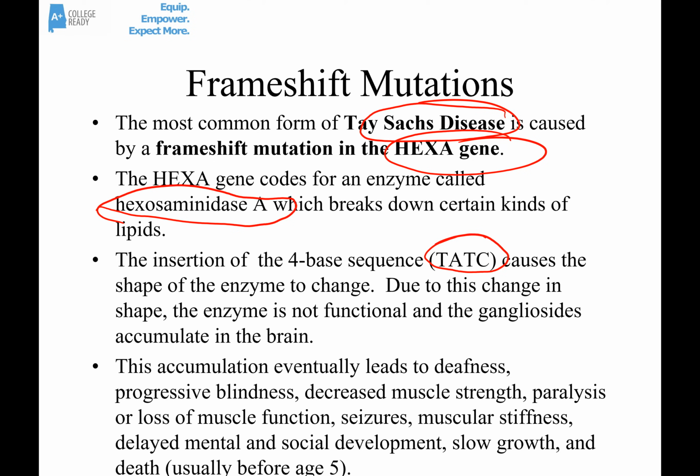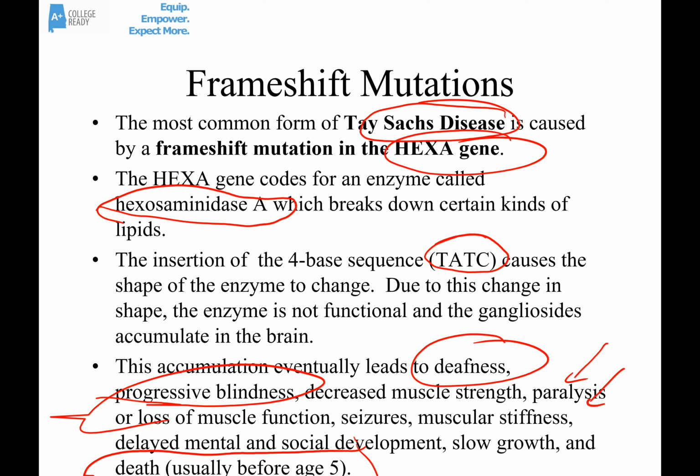And these lipids, which would normally be broken down, accumulate in the brain. And because of this accumulation of lipids, people ultimately experience deafness, progressive blindness, and lots of other symptoms, but ultimately they experience death typically before the age of 5. It's a very miserable, serious condition.